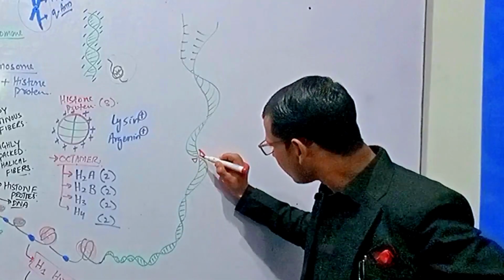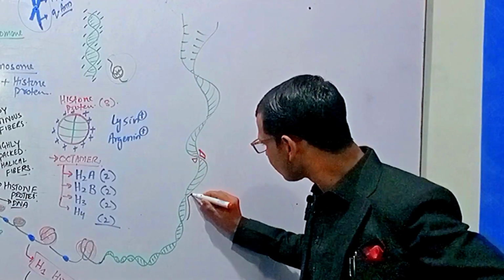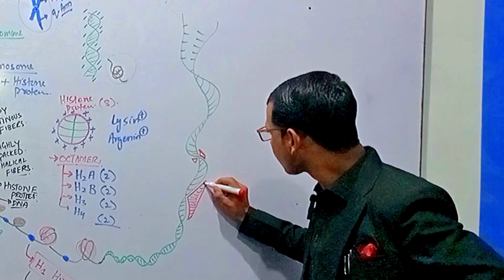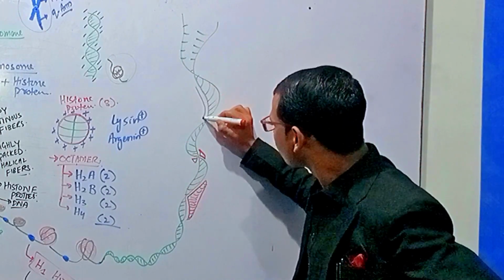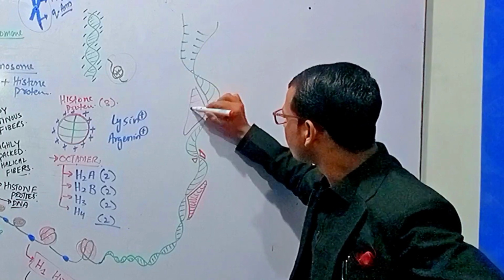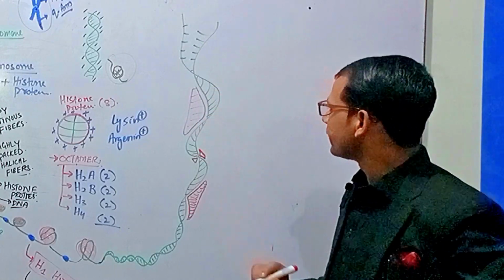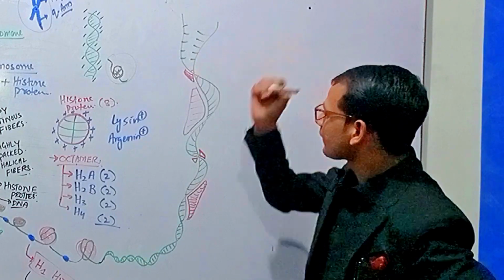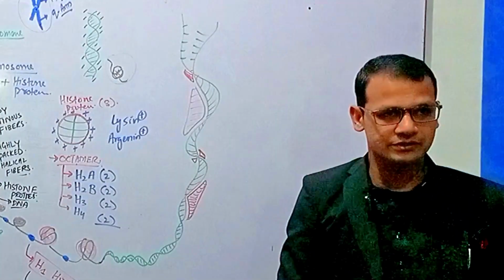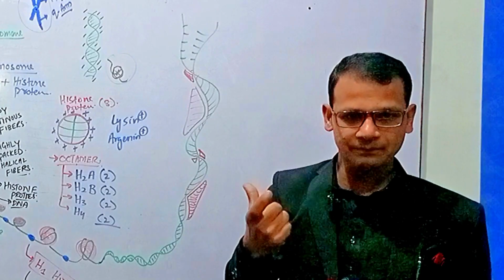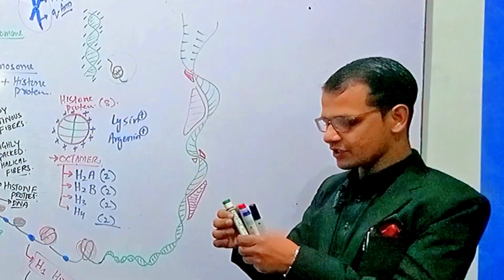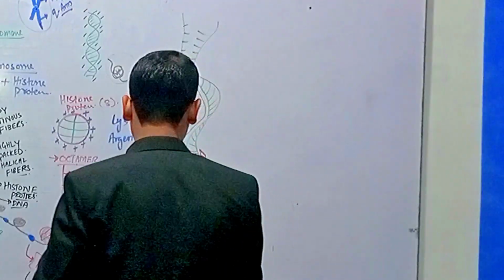And one is this large groove, for example this one. So if we talk about the grooves of DNA, we have two grooves. One is the major groove and one is the minor groove.